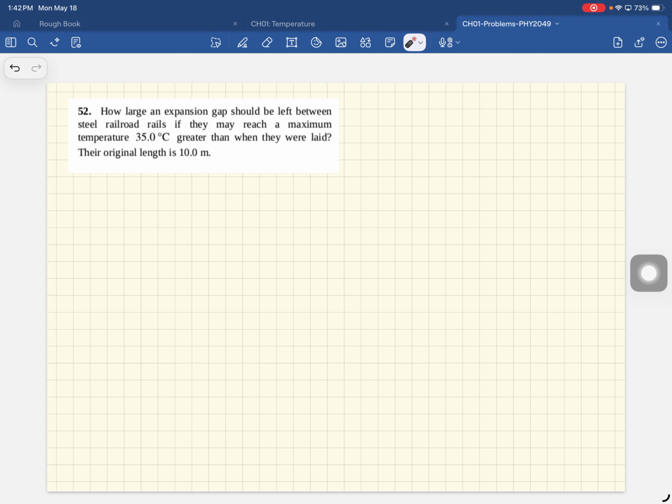So every degree rise in temperature would increase the ocean height by 3 inches.